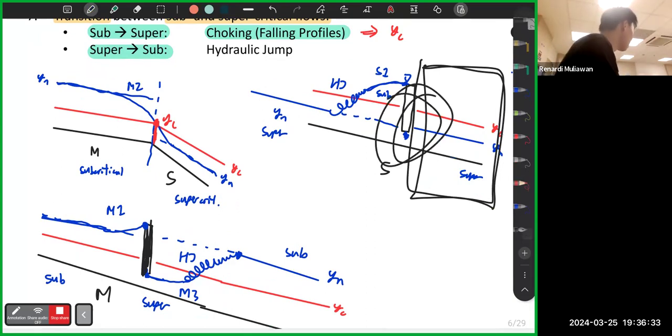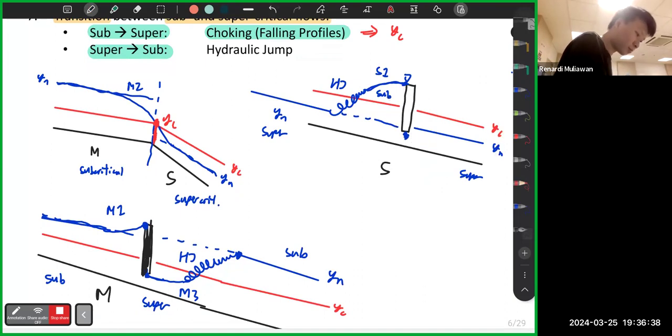Well, there is something, right? So there will be a curve. Which curve is it? It starts below, right? So it's an S3. Okay, so yn, hydraulic jump, S1, S3. And you will see this pattern occurring again and again, actually.